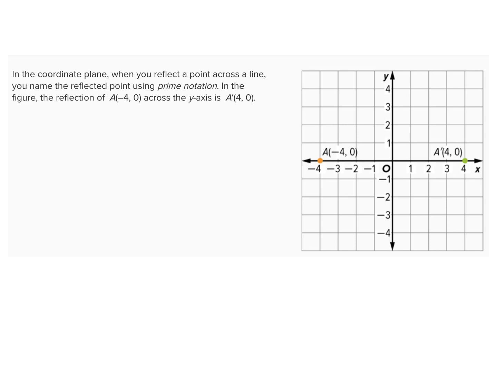On the coordinate plane, when you reflect a point across a line, as we did with this point 4, 0, negative 4, 0, you rename the reflected point using something called prime notation. So we would say point A is this point here, negative 4, 0, and then this is pronounced A prime.